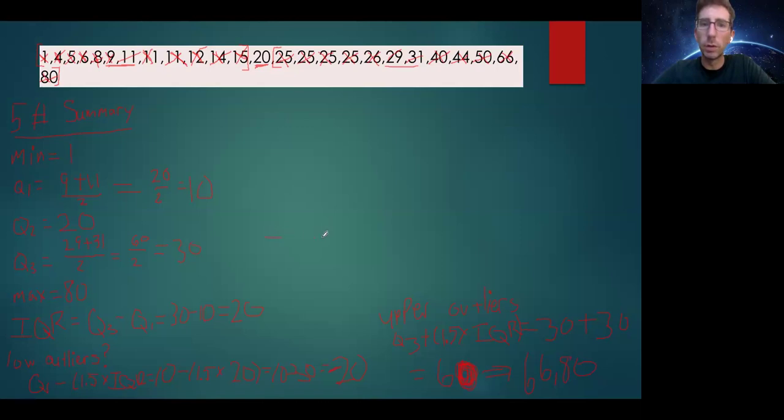Okay, so let's draw our number line for our box plot. We'll start at 0.